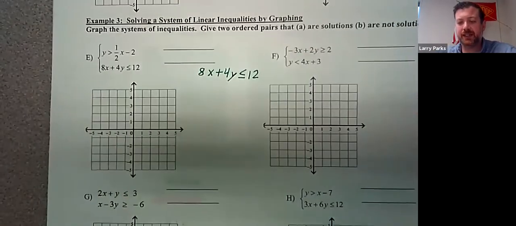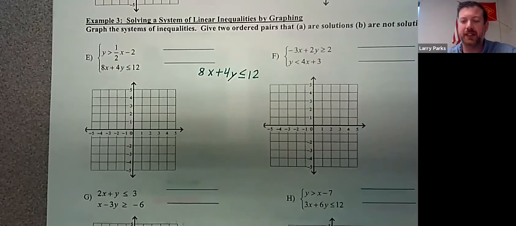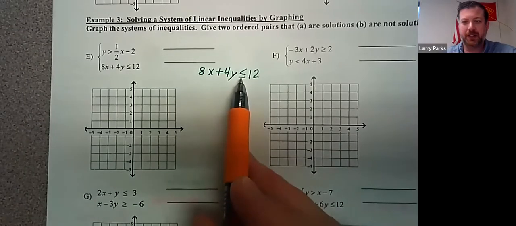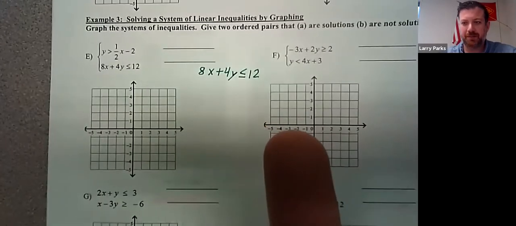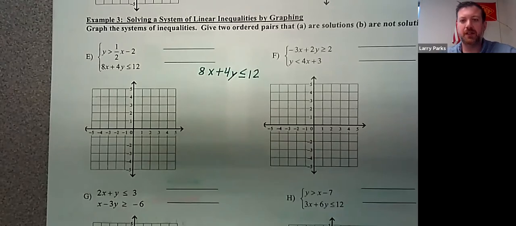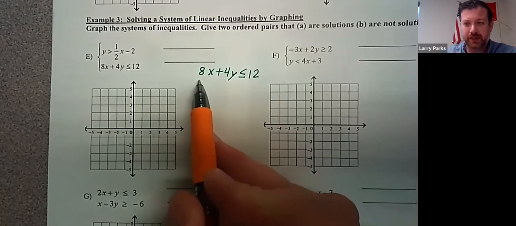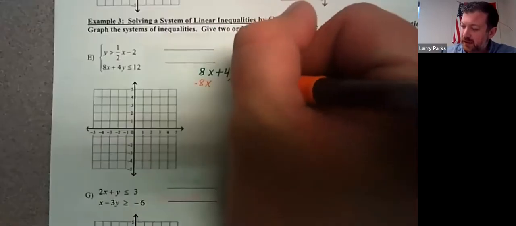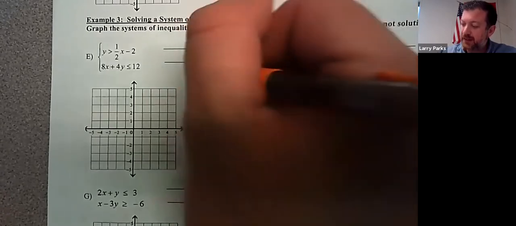You treat this just like it's an equal sign, except if you divide or multiply by a negative number, then the inequality flips over. Okay, so if I'm solving this, I want y by itself, so I get rid of the 8x first by subtracting 8x on both sides.